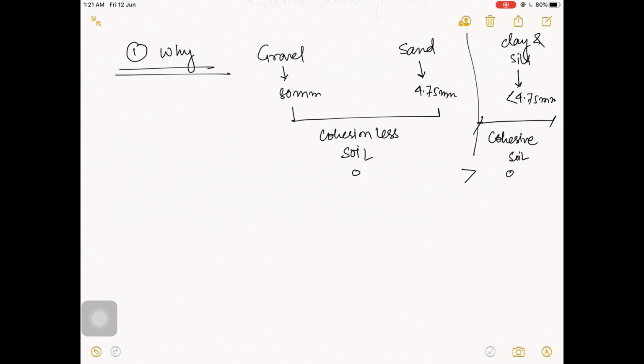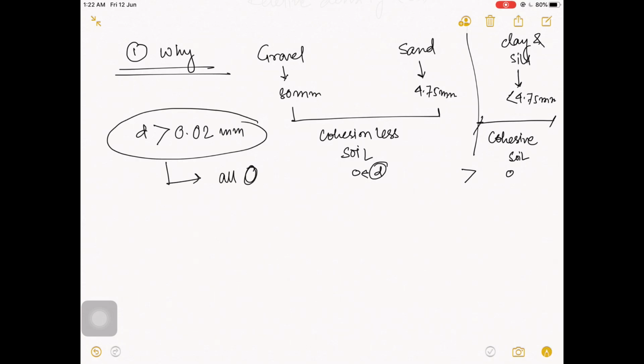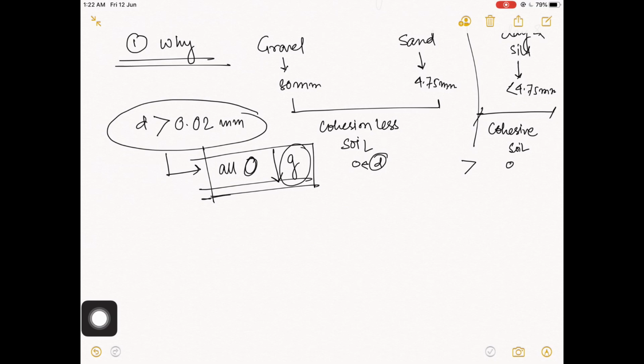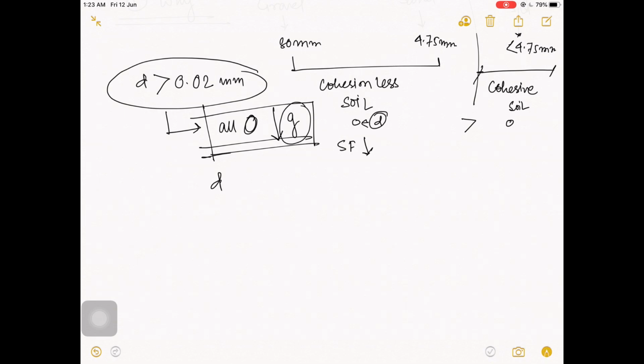But if the diameter d of this material is greater than 0.02 mm, in that case all particles settle down due to gravity. Now you may ask me, sir, why is surface force not acting? Because when the diameter is greater than 0.02 mm, the particle has a particular mass m and surface area SA.